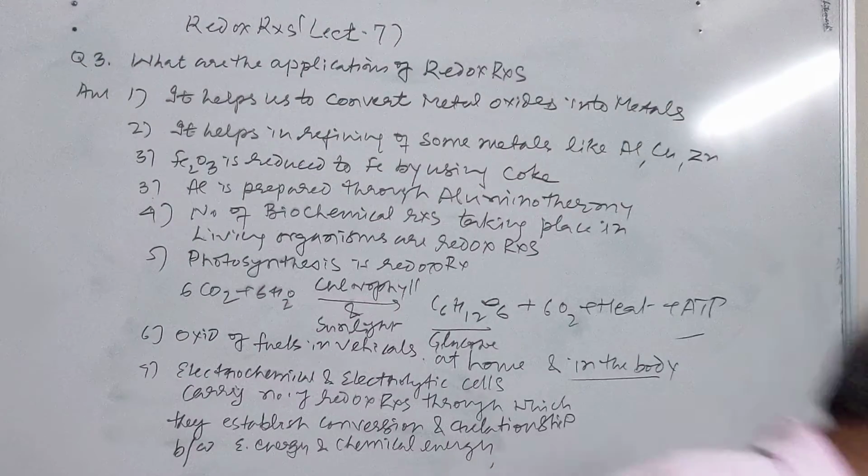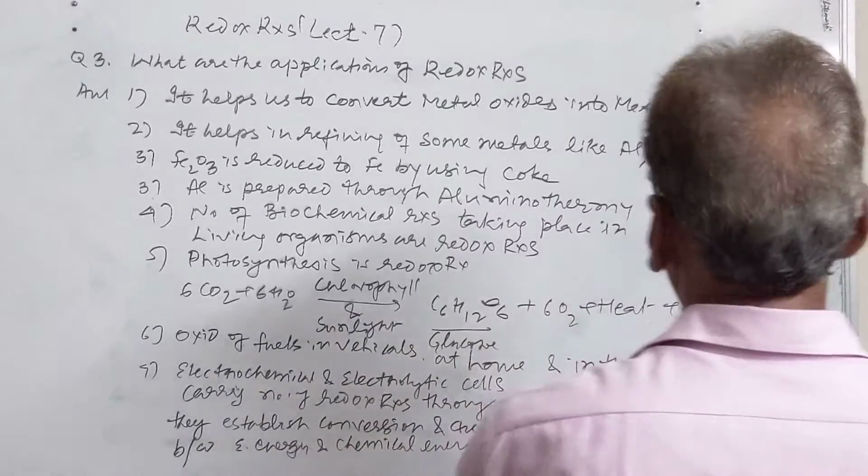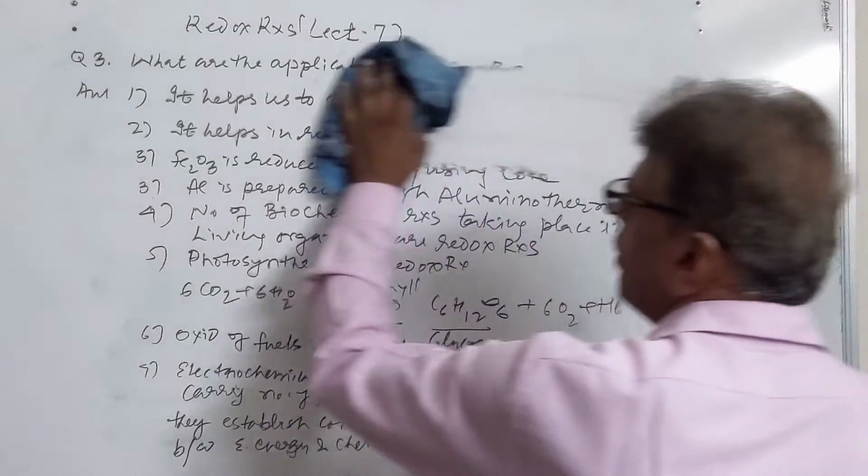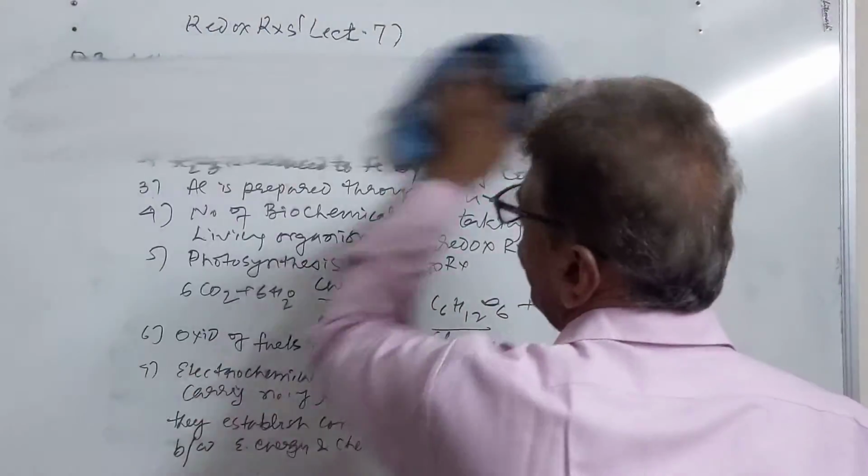Then we have another important question. What is the difference between valency and oxidation number?